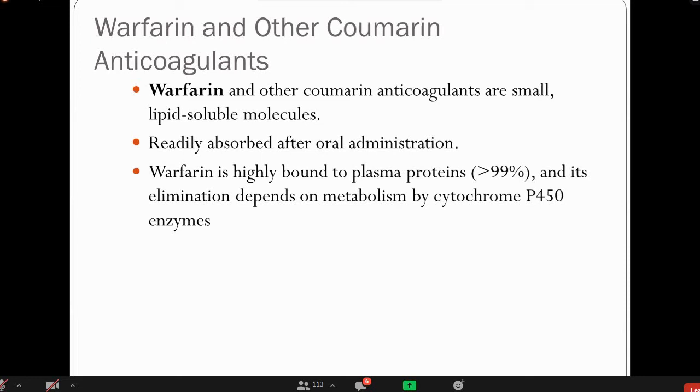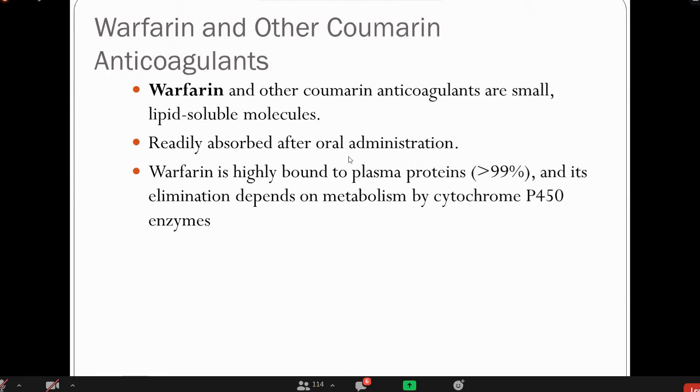This is an important point that you must remember. Warfarin and other coumarin anticoagulants are small, lipid-soluble molecules, and for these two reasons, a small structure and being highly lipid soluble, it can cross the placental barrier, right? That is why during pregnancy warfarin is contraindicated.